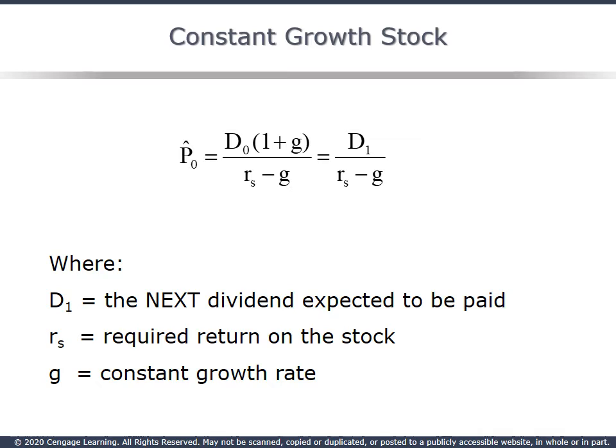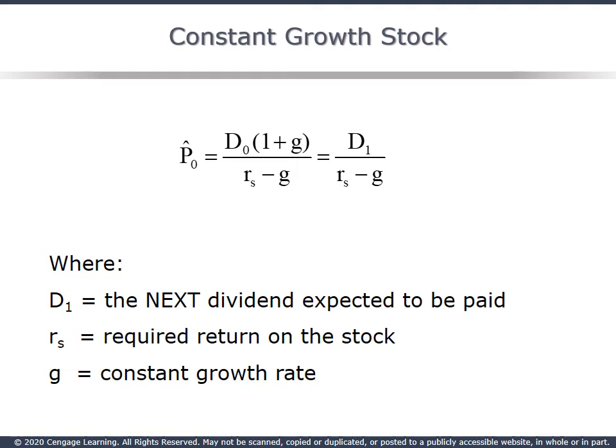We are going to use a special case of the discounted dividend model as it applies to constant growth rate stock. That means that the dividends and a couple of other things are growing at this constant rate forever. So the formula to find the current price of these stocks is the following.